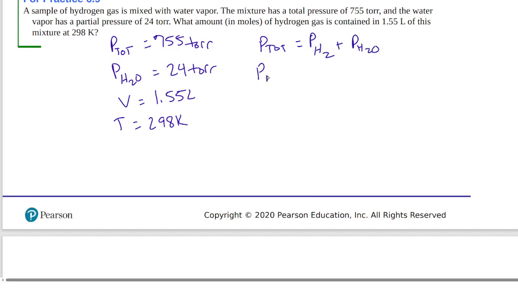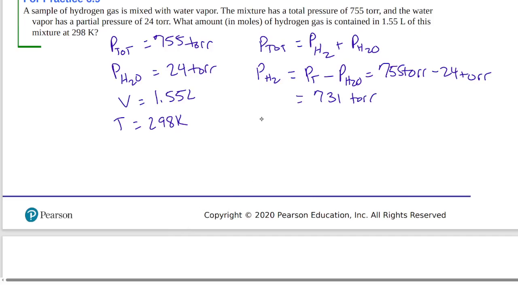So the partial pressure of hydrogen is equal to the total pressure minus the partial pressure of water, which is equal to 755 torr minus 24 torr, right? Which is equal to 731 torr.